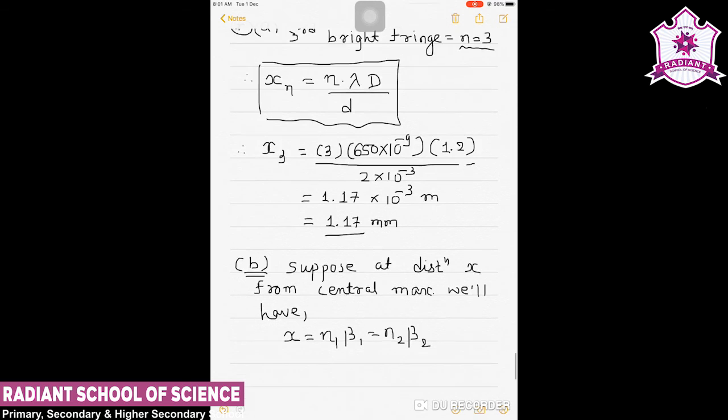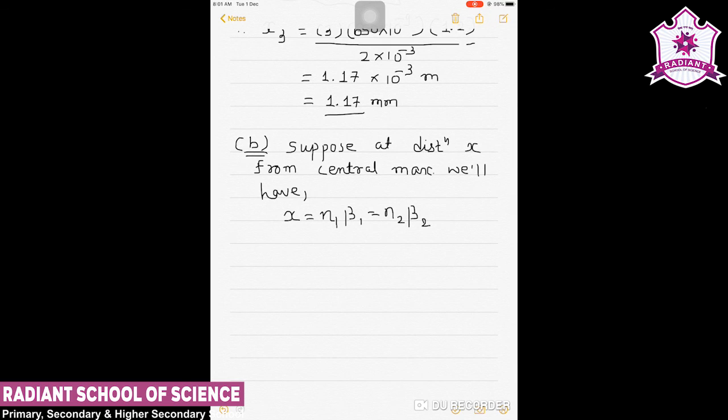So the condition is n1 D lambda 1 over small d is equal to n2 D lambda 2 over small d.